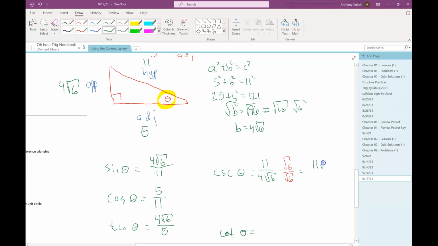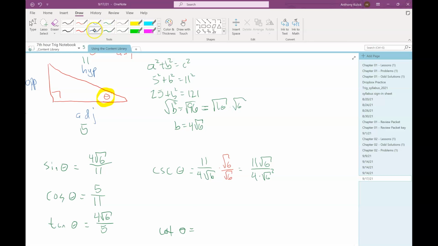So the numerator I'll have 11 root 6, and the denominator I'll have 4 times root 6 squared. Now root 6 squared, the root and the squared are going to cancel out. So in the denominator, really, I have just 4 times 6, or 24.